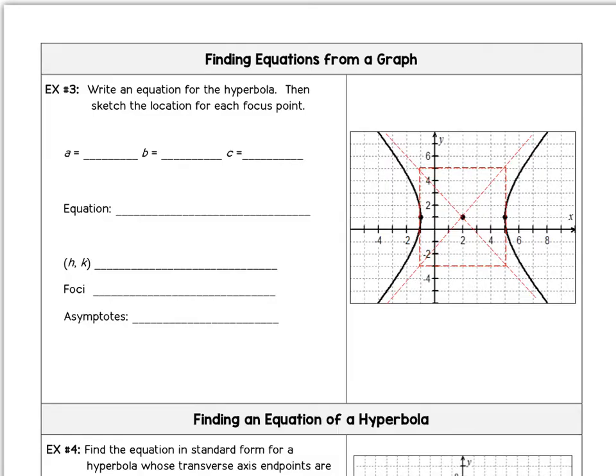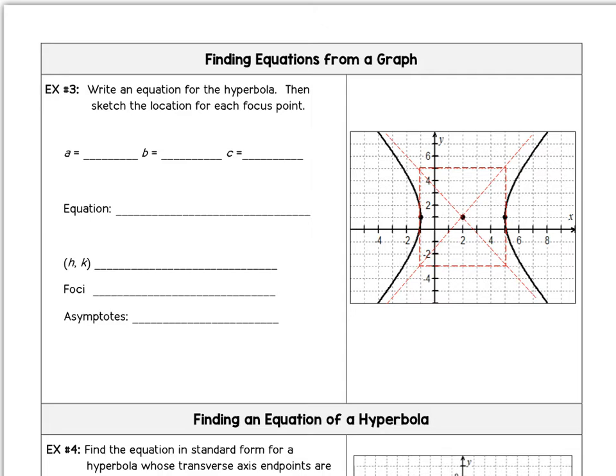Okay, so in example 3, they're giving us the graph and they're asking us to write the equation for the hyperbola. So let's do that. Let's look at our picture and figure out what's what here. I'm noticing right off the bat that it's going through the x-axis.